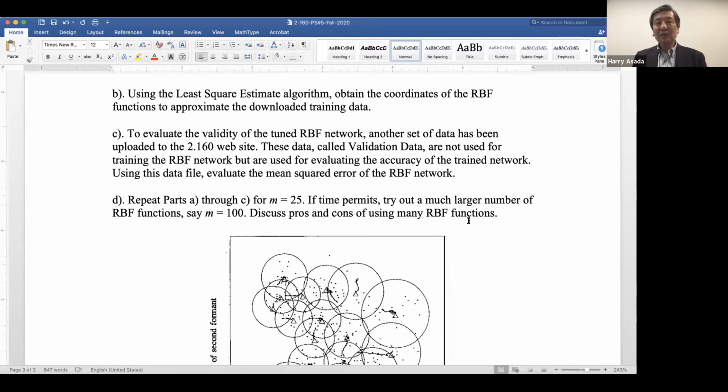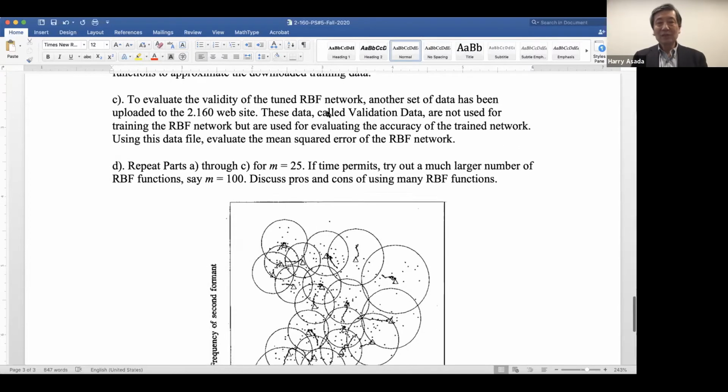So for any method having parameters that you need to pick, you need to try them out, right? So in this case, m is a very important number. So that's one of the assignments. That's easy, right? Yep.